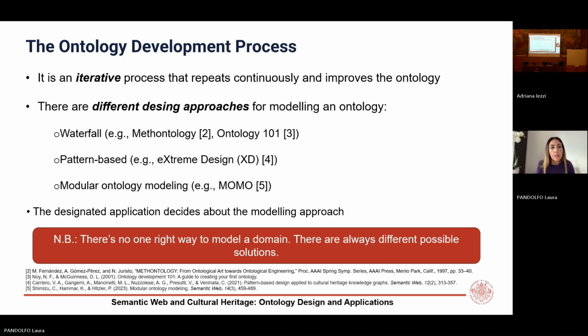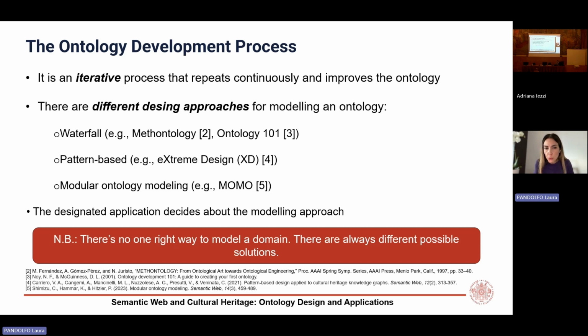In the literature, you can find different design approaches for modeling an ontology. In this slide, I reported three of these main methodologies: the waterfall, the pattern-based, and the modular ontology modeling. The first one, waterfall, represents a step-by-step methodology.